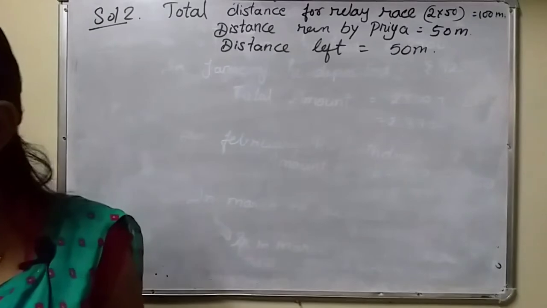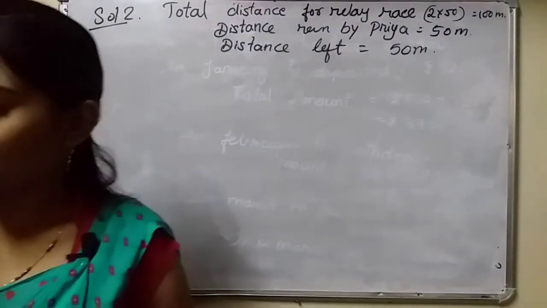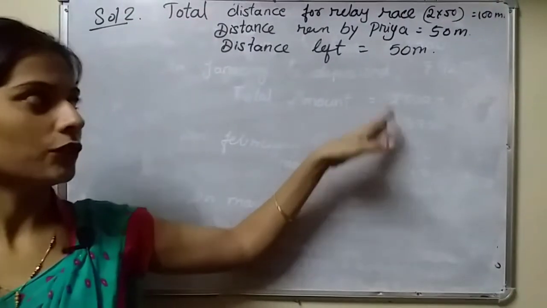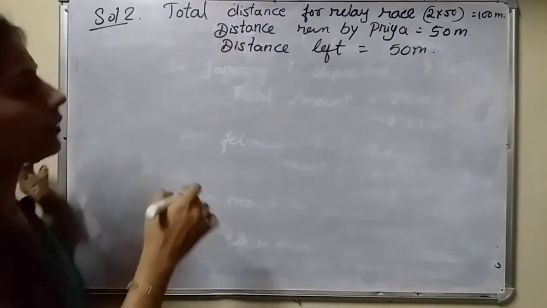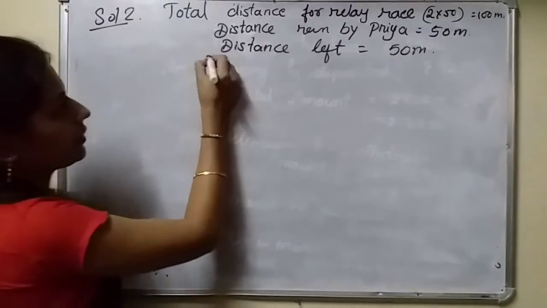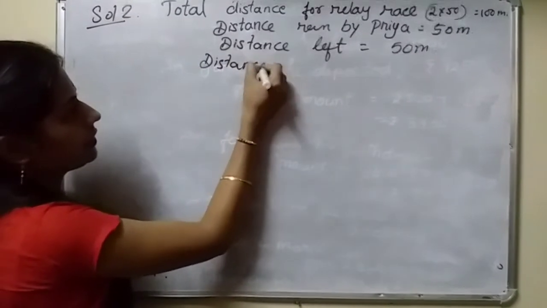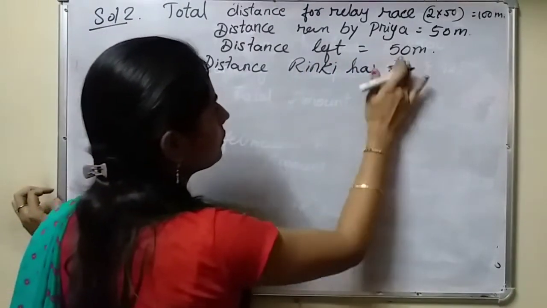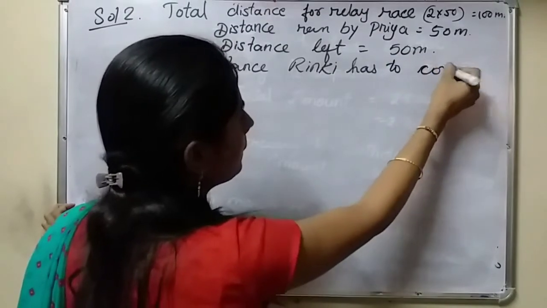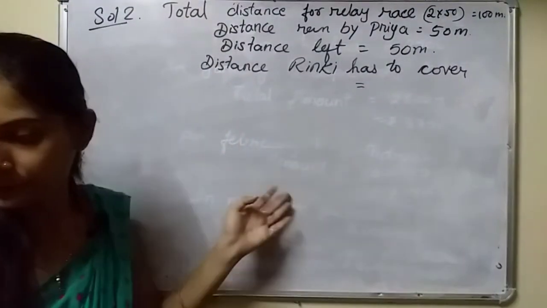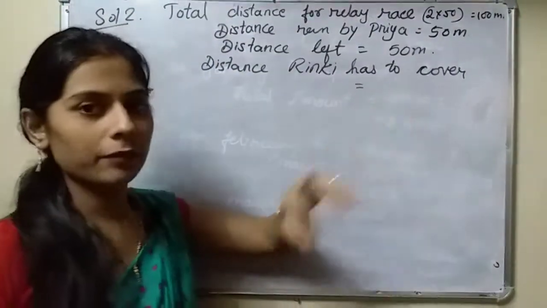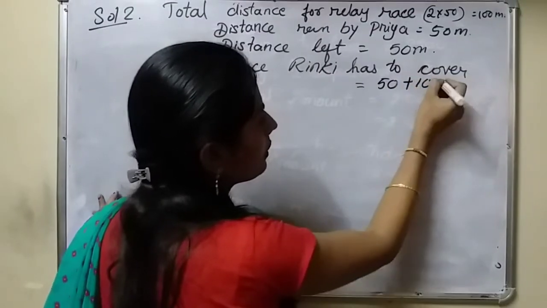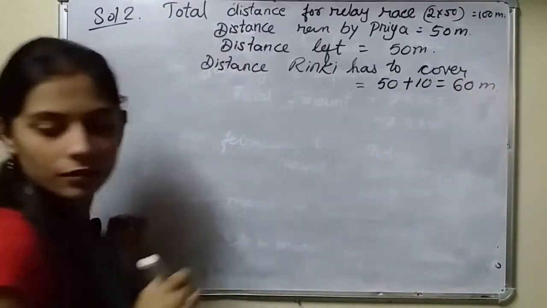Now see, in the next step what they are asking. She ran back 10 meters towards the starting line. Now see, the distance Rinki has to cover is equal to 10 meters she ran back, so that is 50 plus 10, that is 60 meters.